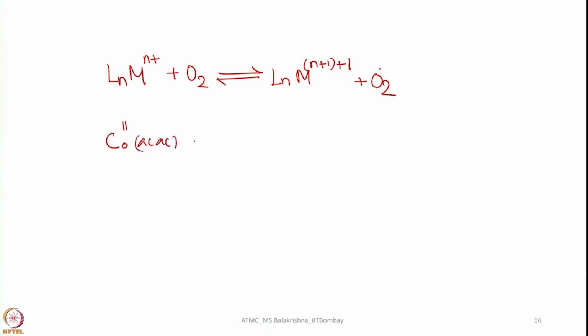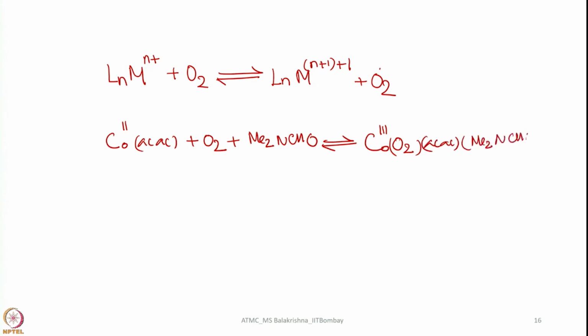Acetylacetonate complex plus, if we add O2, so the oxygen state is changed from 2 to 3. So, now you know what is the nature of oxygen here. This is about 1 electron donor.